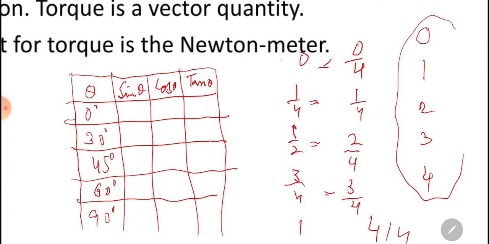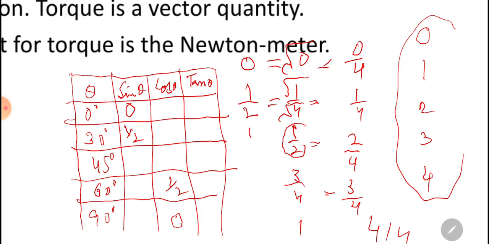Take the square root. If you take the square root of this you will get 0, so write 0 here and 0 here, in the first column from the top and second column from the bottom. Square root of 1 we will get 1, square root of 4 we will get 2. So here we will write 1 by 2 and here 1 by 2.